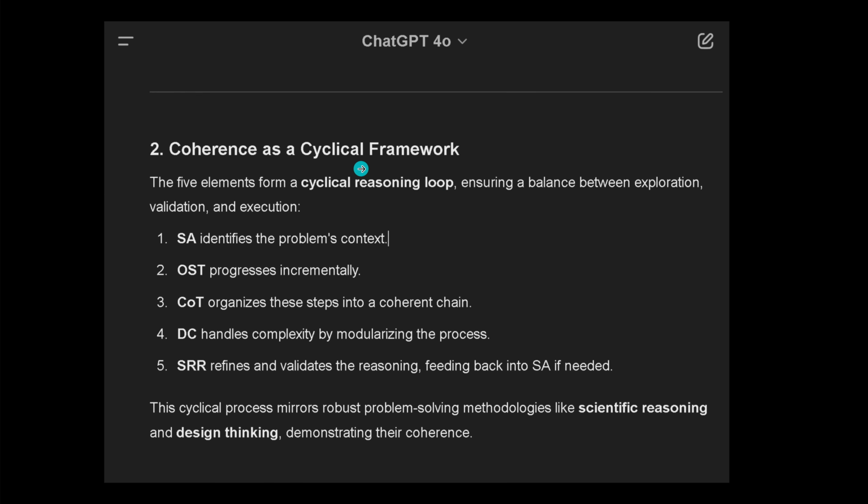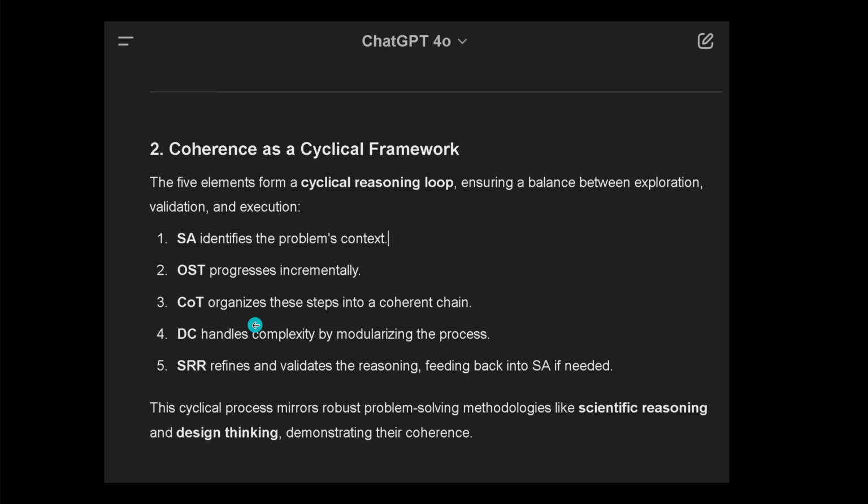This framework now is a coherent framework if we look at it in a loop structure. So if we look at the cyclical reasoning loop, it can ensure a balance between exploration, validation, exploitation, and execution. Why? First we identify the problem context, then we incrementally analyze it, and we organize the next step into a coherent chain with clear dependencies.